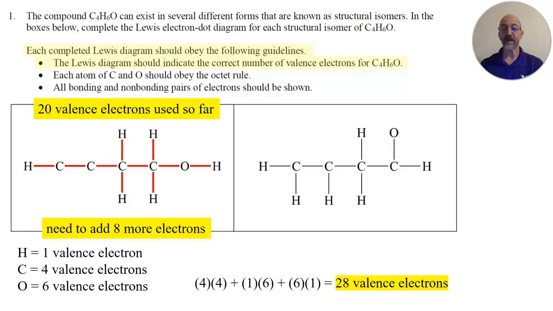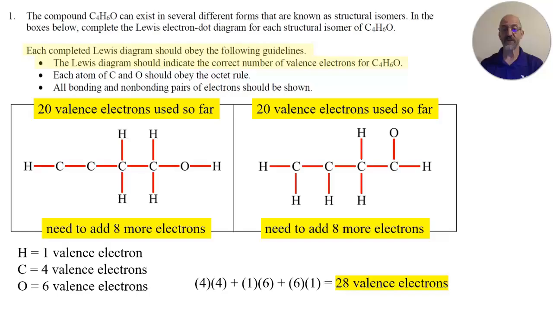Now, in the box on the right, if you count the number of single bonds, there are also 10 single bonds, which means 20 valence electrons used so far. So I also need to add 8 more electrons to the diagram on the right to complete that Lewis diagram.